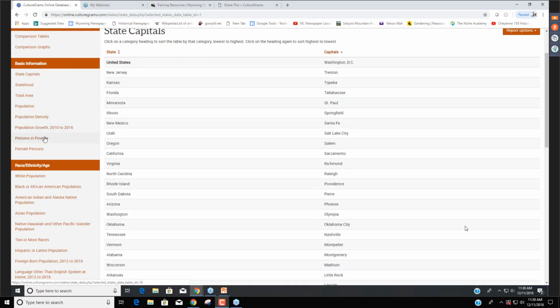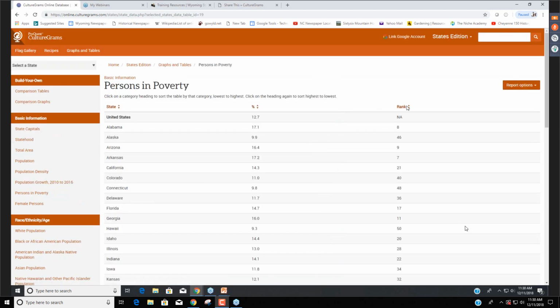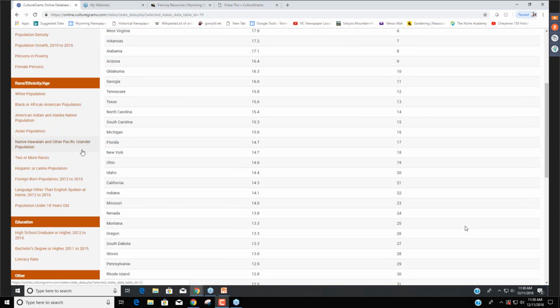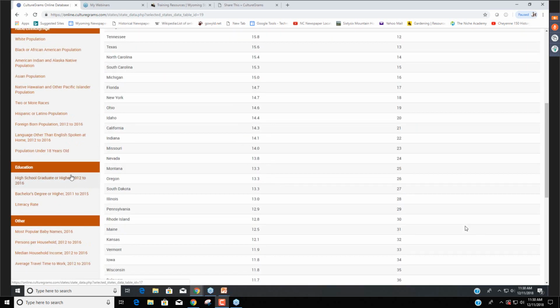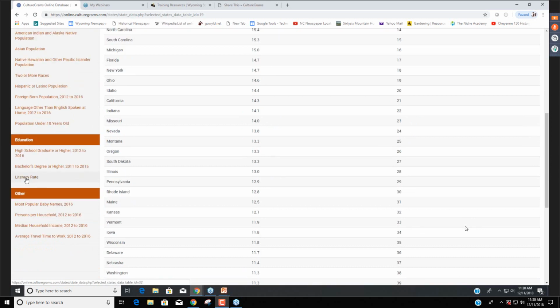We can also look at persons in poverty, for example, and rank it. We can also look at different foreign-born populations, high school graduates, bachelor's degree, literacy rates, persons per household, income, average travel time to work.